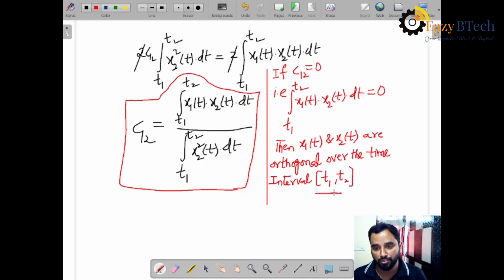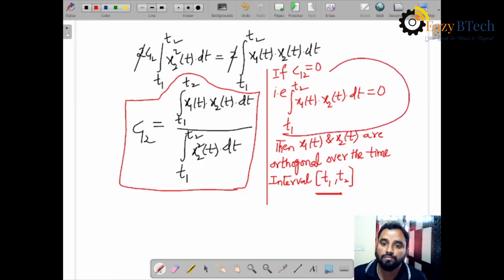This is the important point. So to check the orthogonality of two signals, how to check? The condition is the integral of the product of two signals. If you do this integration and you get the answer 0, then they are orthogonal functions or orthogonal signals over t1 to t2. That is the point here.